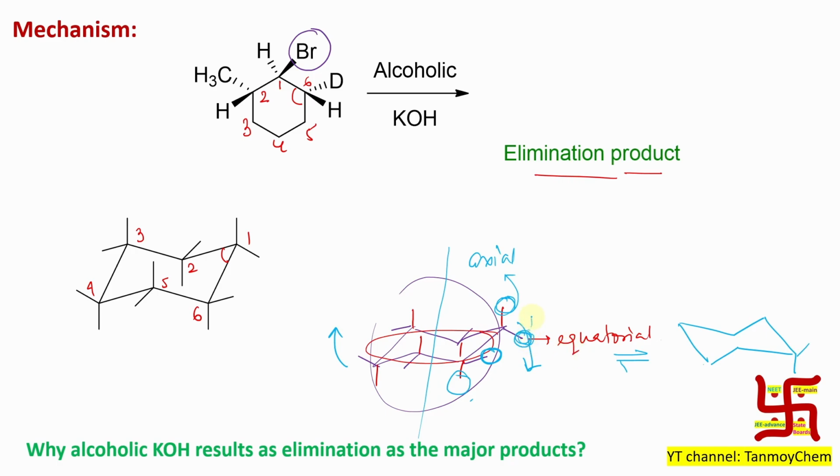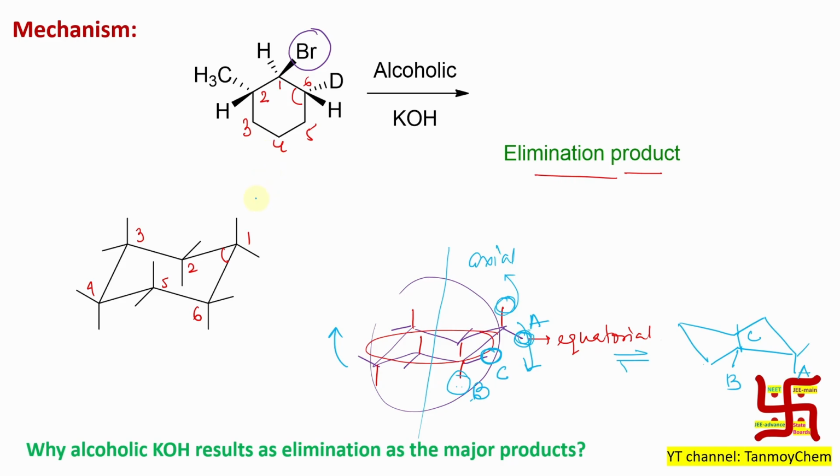So if I say this is A, this A goes axial down. If I say this is B, this B goes here, and if I say this is C, this C goes top. We'll discuss this some other day, but let's come back to our discussion.